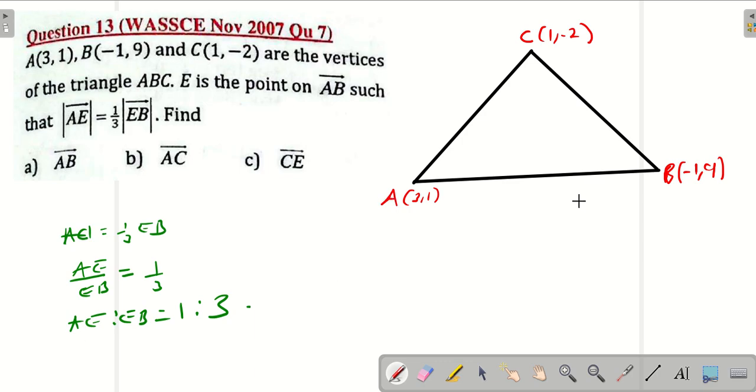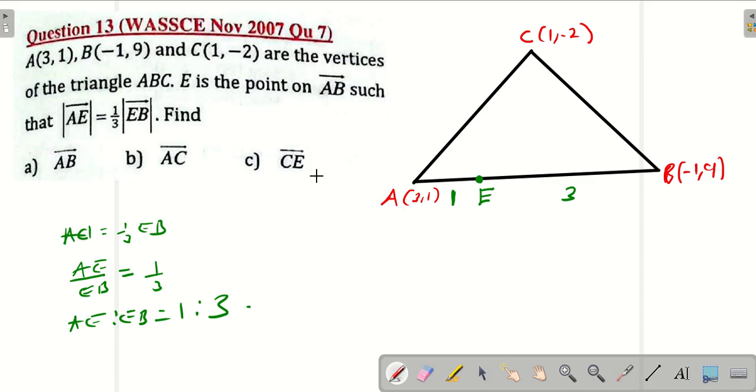From A to E is in the ratio 1, and from E to B is in the ratio 3. Therefore, E is closer to A. So I can locate the point here as E. Then from A to E has a ratio of 1, and from E to B has a ratio of 3. Will you be able to do this analysis? Simple.